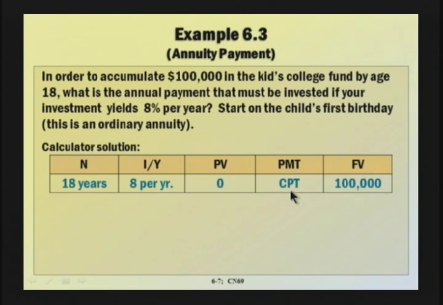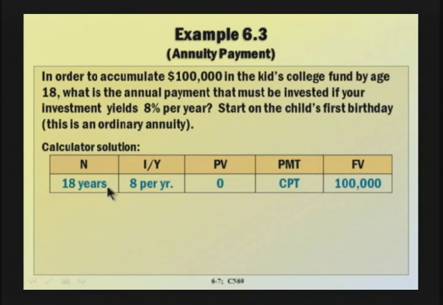So I have to understand the frequency involved here, how often the payments are to be made. The calculator does not have a setting for monthly payment, quarterly payment, annual payment. It simply knows how many payments will be made and what rate will be earned per period.